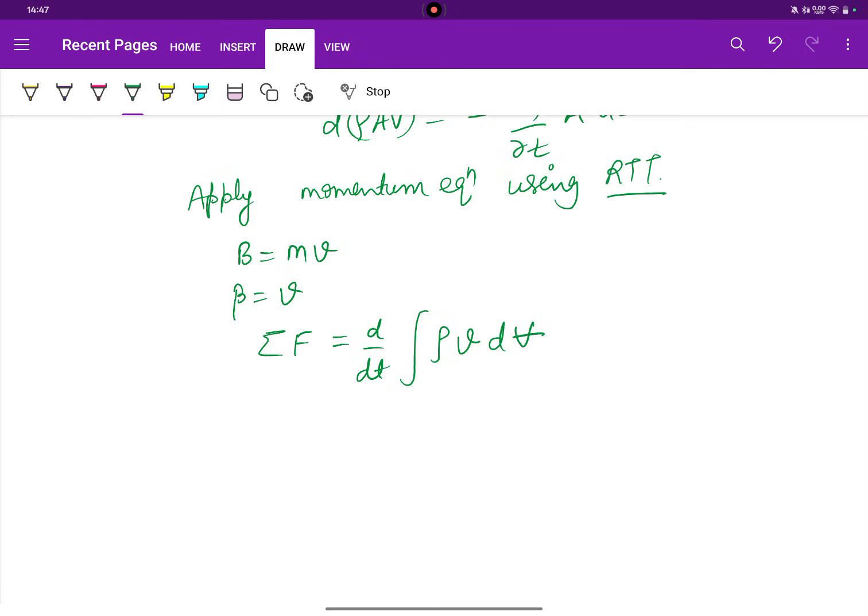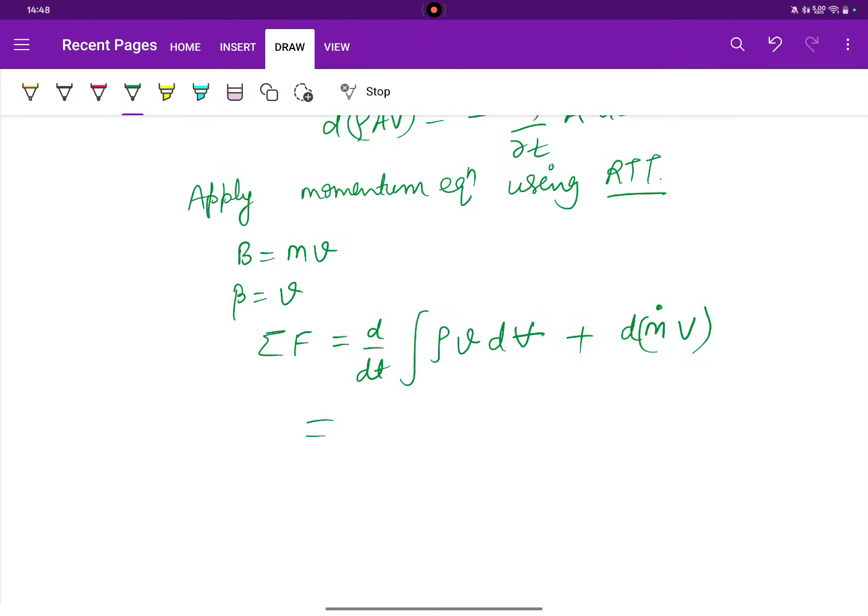Basically it should come as rate of change of linear momentum. Is it coming? We can check quickly. This is mass upon volume, this is mv, right? So d by dt. Fine, this is correct. And here d times rho A v, or you can say, let me write d times m dot v.